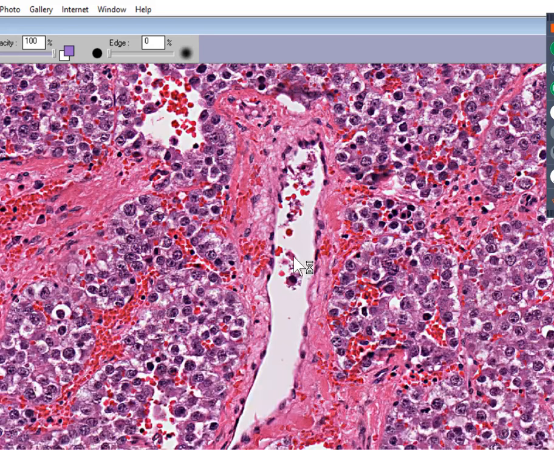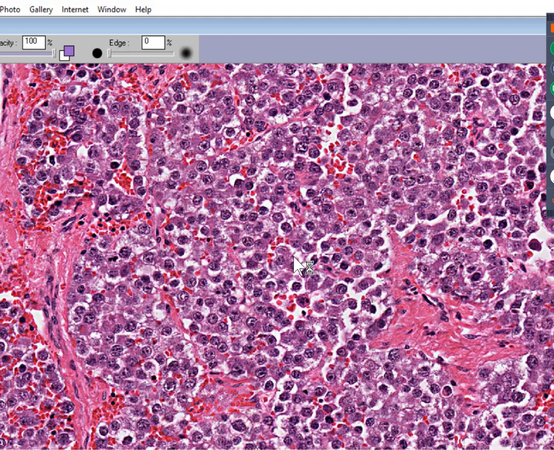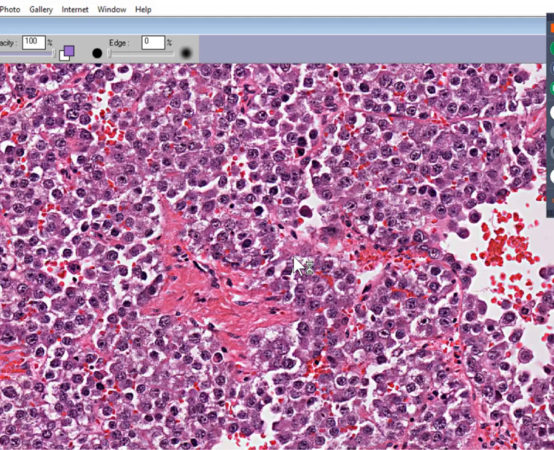For the most part, almost all of these tumor cells look like each other. They look like they're primitive germ cells, okay? I know I might be pushing that a little bit. So most seminomas look like these primitive germ cells.